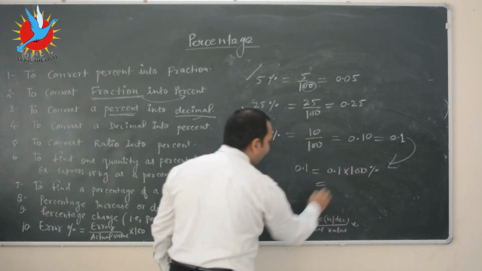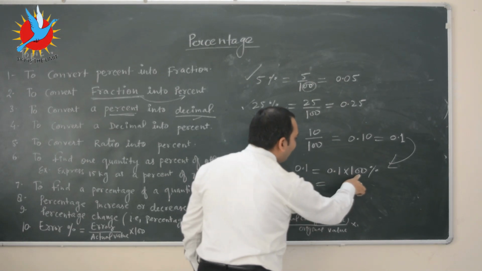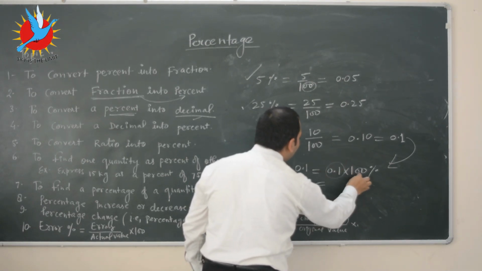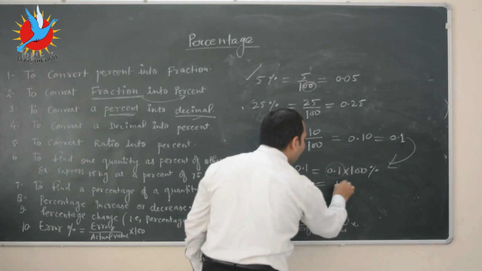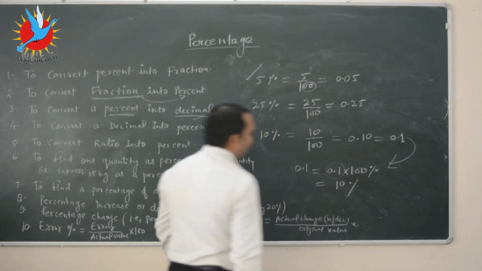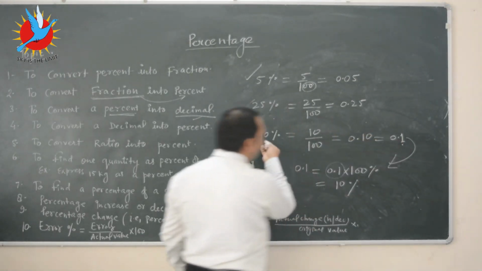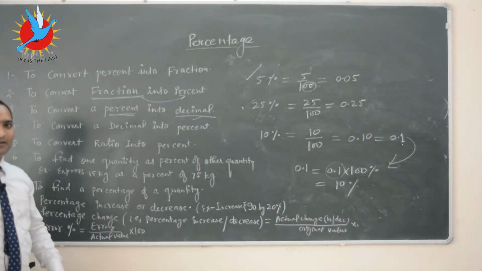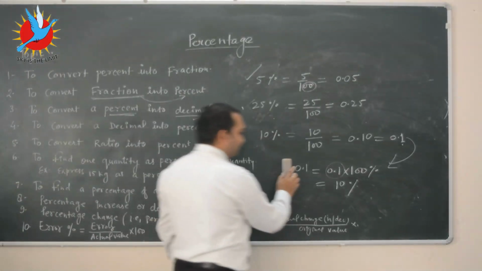So what is the value? 0.1 into 100. So 1, 0 it will take to make the 1, and then 10 remains. 10 into 1 is equal to 10. So 10%. So 0.1 means 10%, or 10% means... next.